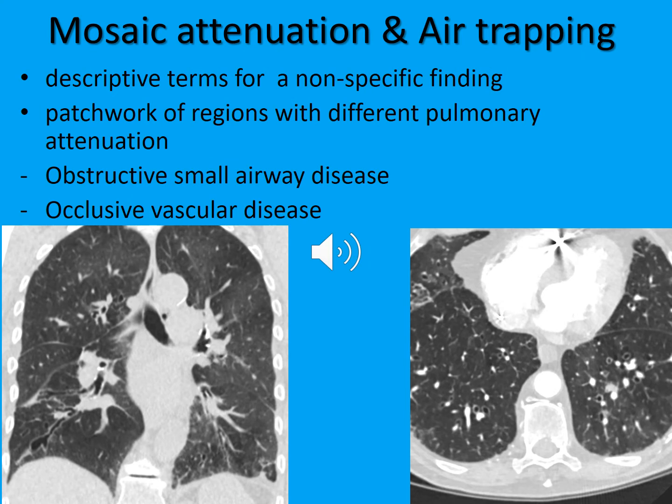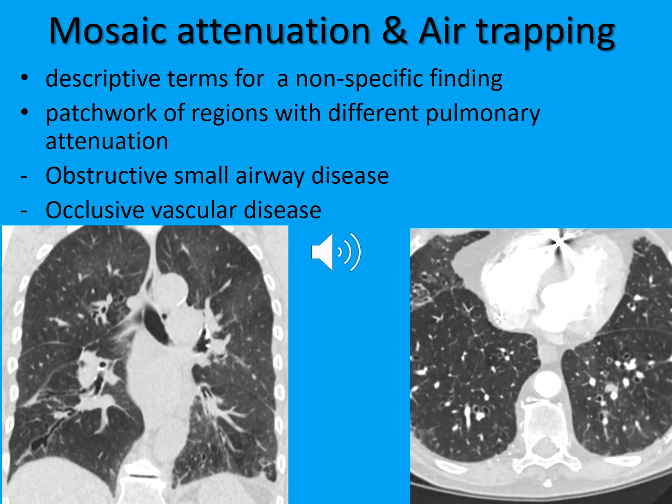In CT reports, you can find terms such as mosaic attenuation and air trapping. These are descriptive terms for non-specific finding of patchwork of regions with different pulmonary attenuation, as seen in the images below. Mosaic attenuation is used for changes on scans in inspiratory phase.